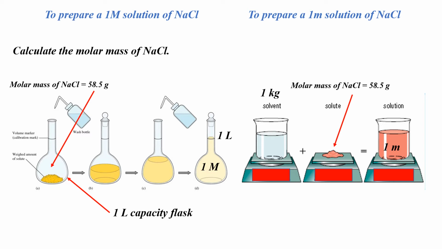Upon calculation, you find that it is equal to 58.5 grams. Now, you use a weighing balance and weigh this amount of NaCl. You transfer this amount into a flask called a volumetric flask. It is also called a standard flask. And the capacity of this flask taken is 1 liter.